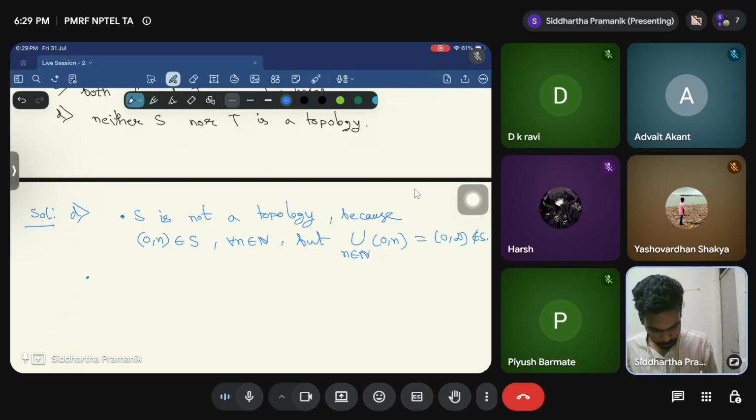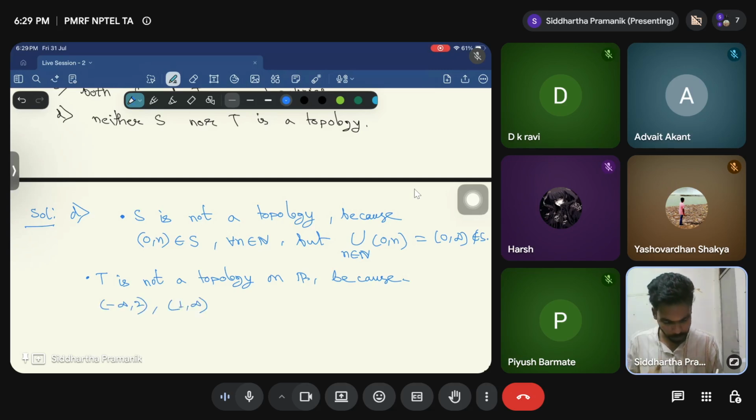And for T, this is not closed under finite intersection. So you can take the same example, because (minus infinity, 2) is an unbounded set, and (1, infinity) is also an unbounded set.